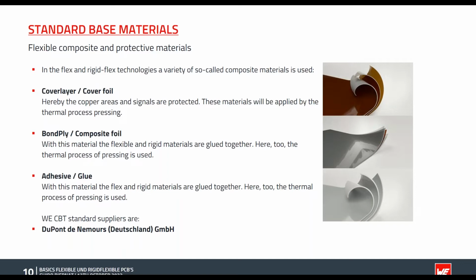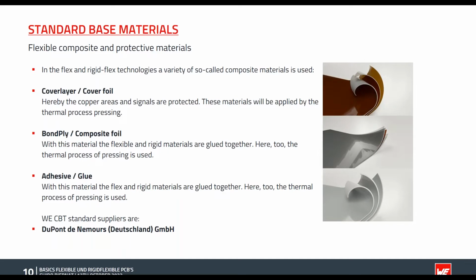The next one is a bond ply or composite foil. With this material, the flexible and rigid materials are glued together. Here too the thermal pressing process is used. The bond ply, like the cover layer, is a composite material consisting of polyimide core with an adhesive layer on both sides.